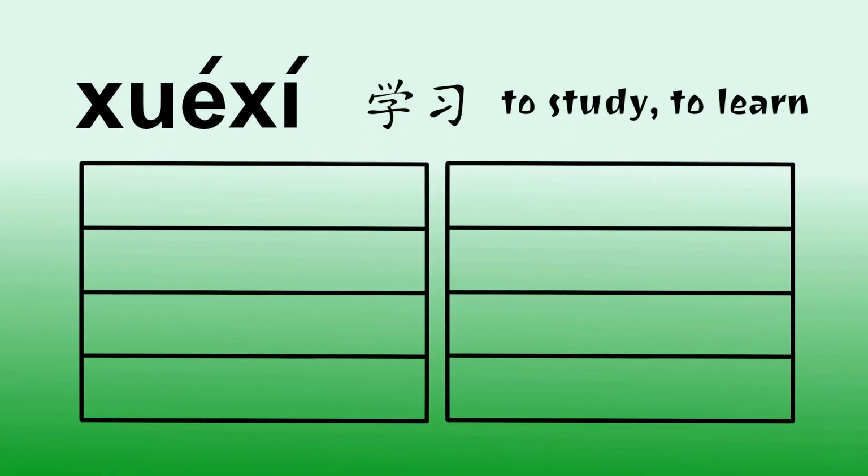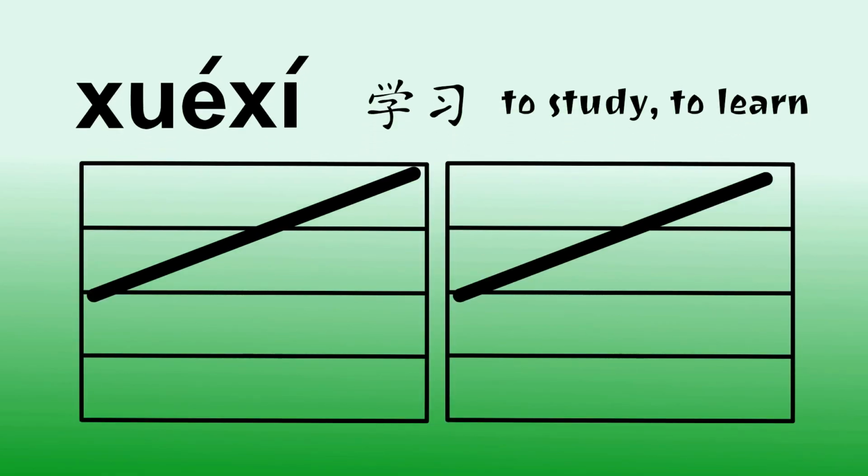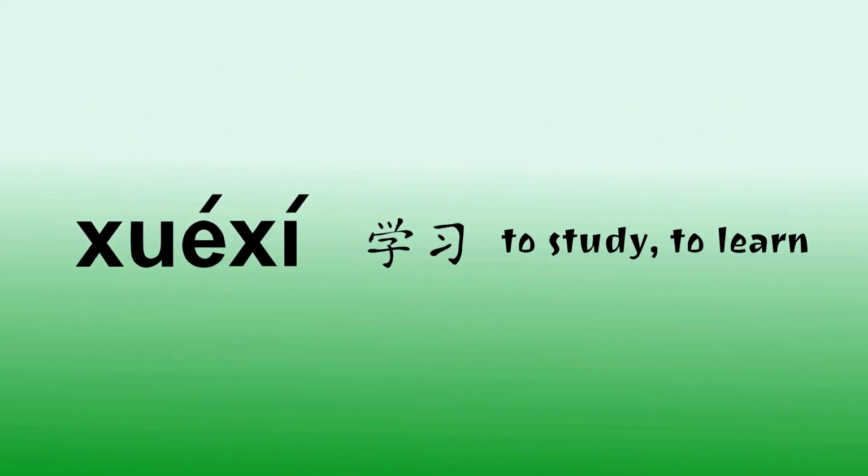The model word is 学习, meaning to study. 学习, 学习, 学习, 学习. Try voicing it. 学习, 学习, 学习, 学习.